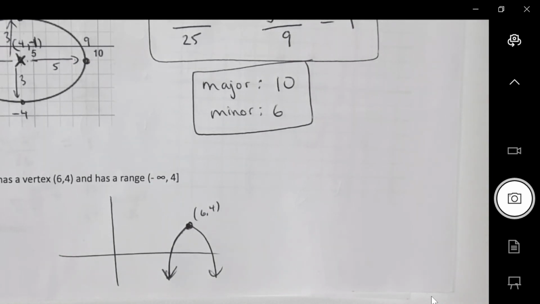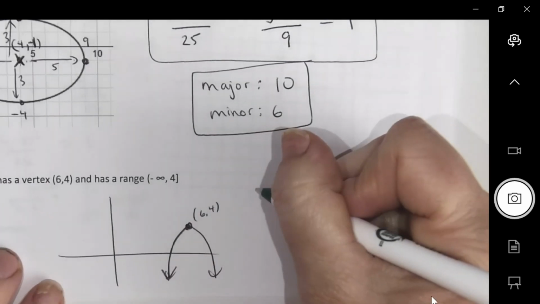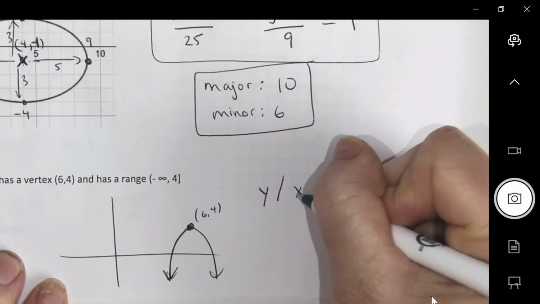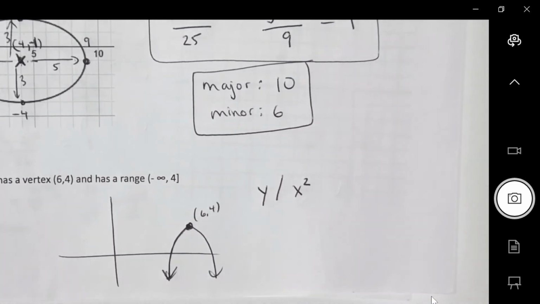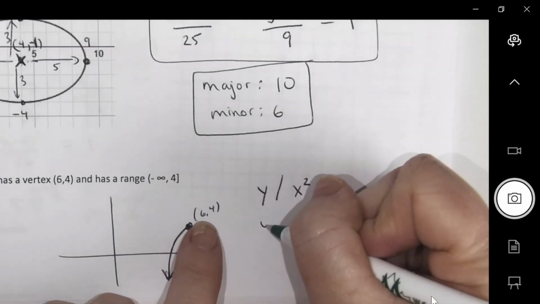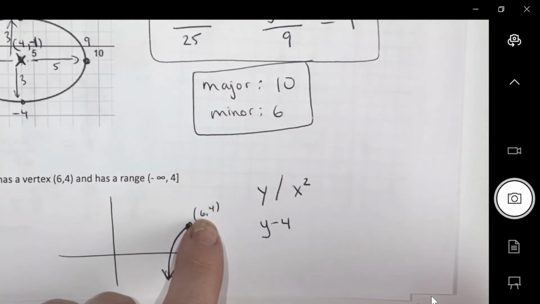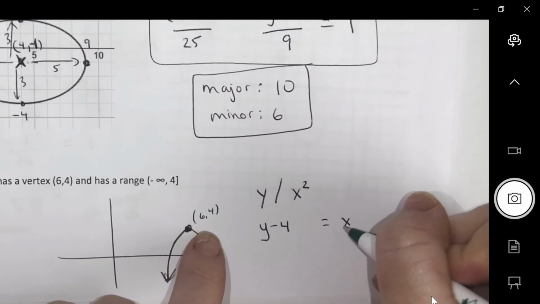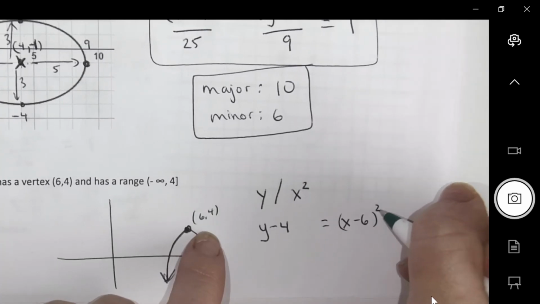It has a range. So which one is this one? This would be a y with an x squared, that type of one. Okay, so I'm going to go y minus 4. I'm going to do an x minus 6 squared.